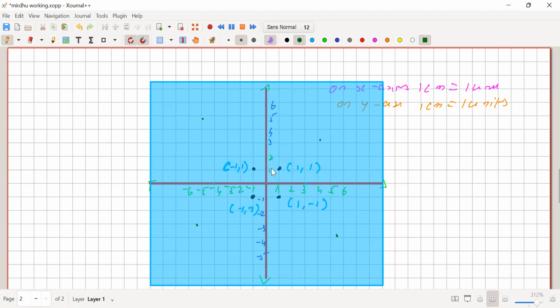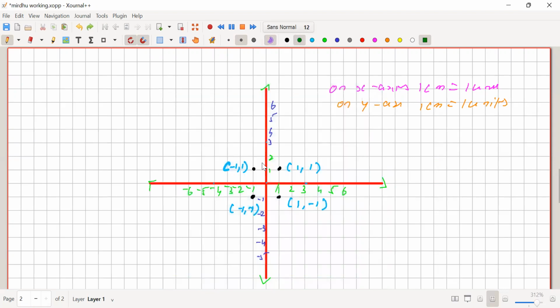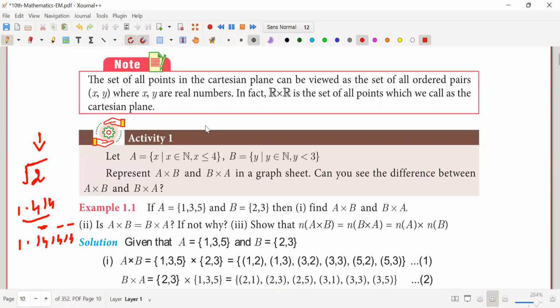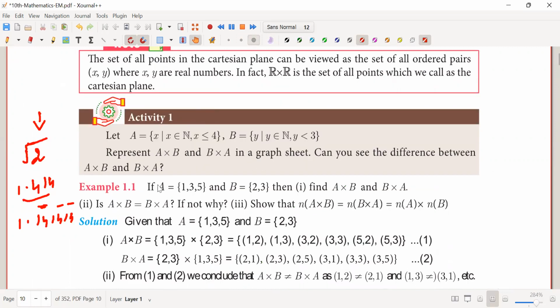All of this is inside R cross R. Why do we have to note all these facts? This is where you will be getting all the 1 marks.